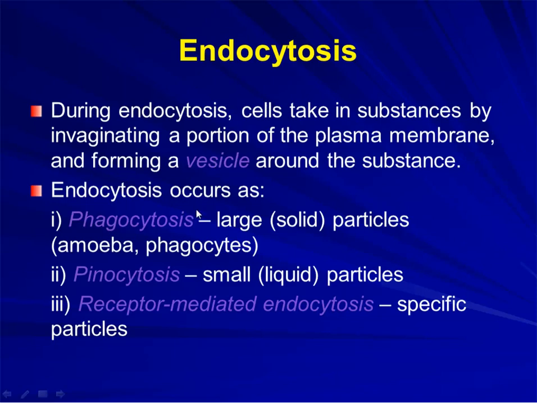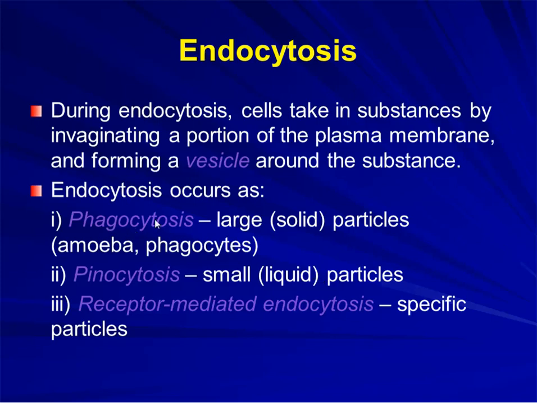Endocytosis can be divided into three types: phagocytosis, pinocytosis, and receptor-mediated endocytosis. All of them are under endocytosis, but the difference is that phagocytosis takes up large or solid particles, while pinocytosis takes up small particles, or what we call liquid particles.